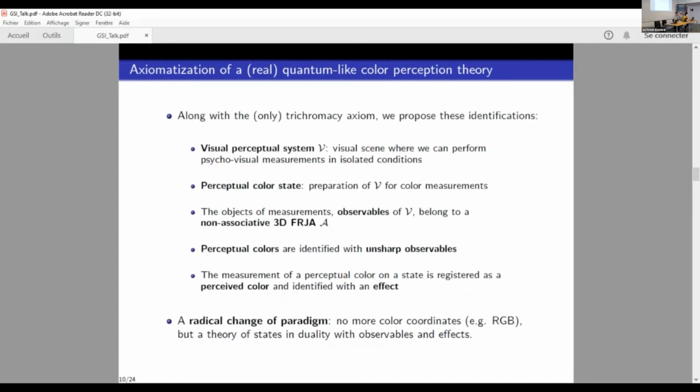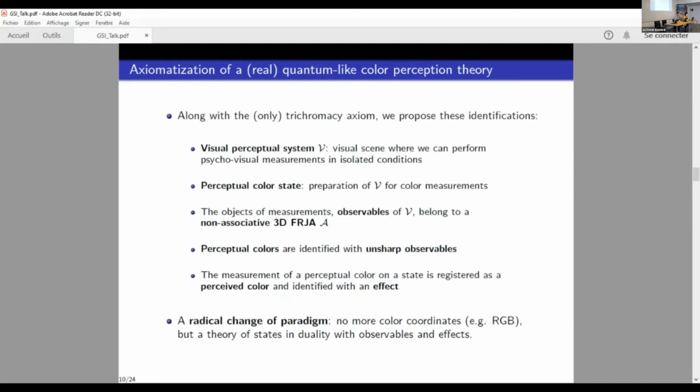And of course, we have to build the vocabulary of our theory, and this is it. First of all, we call a visual perceptual system V a visual scene where we can perform psychovisual measurements in isolated condition. A perceptual color state is a preparation of V for color measurements, exactly as we say in quantum mechanics.